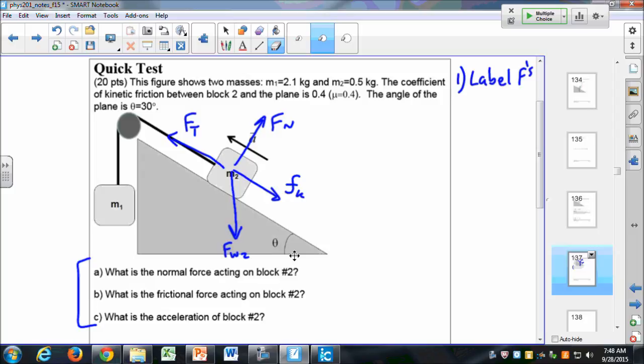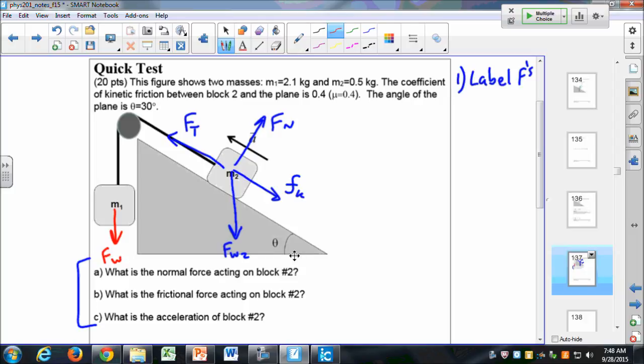And then depending upon the situation, you'll have the other forces as well. In this case, we know that our kinetic friction is down the inclined plane, because I know that this tension is pulling the block up the inclined plane, and so friction is going to oppose the direction of motion. So for now, we're just going to assume that the kinetic friction is down the inclined plane, because that's the direction it's going to tend to move. Then I can also draw my forces for this other block. They're quite a bit simpler.